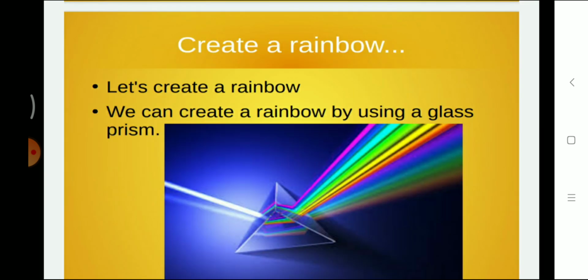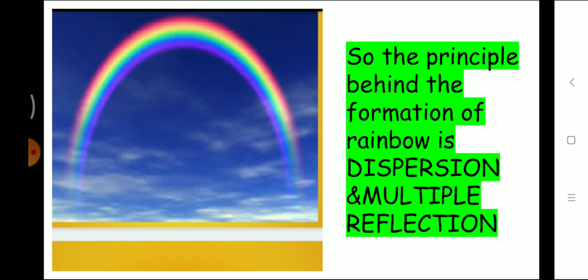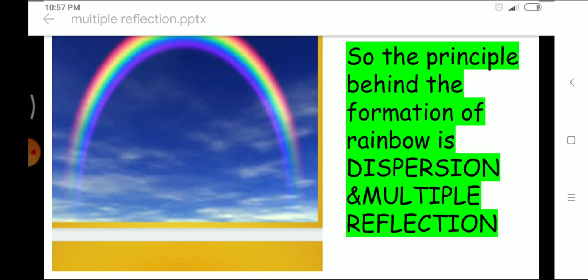Another property of light is dispersion of light. Did you see a rainbow? Yes. How many colors are there? Yes, 7 colors are in a rainbow. Actually, it is a property of light. What is the property? We can explain it.